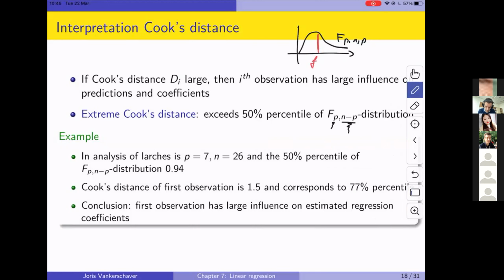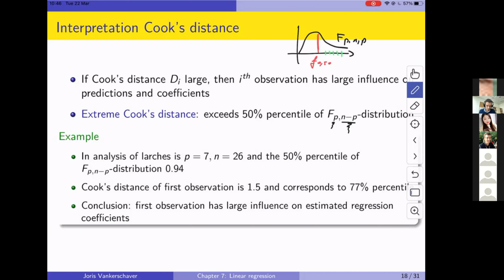So this is going to be my 0.5 percentile. If my Cook's distance is larger than that, if it's on the right-hand side of this value, then I have cause for saying, okay, go and look at that point.